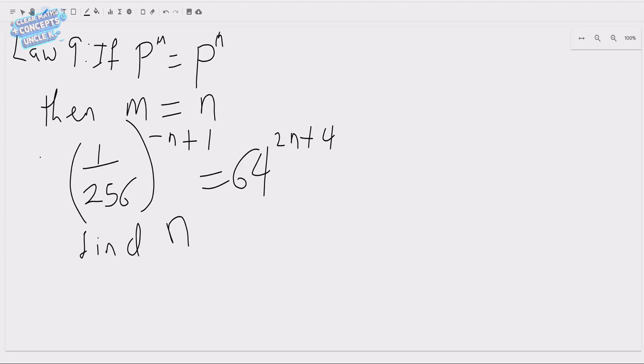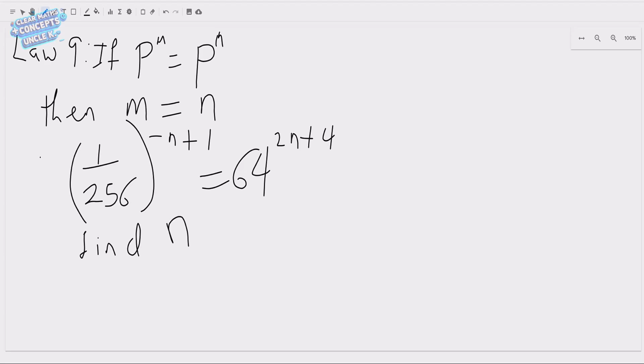You get 2 raised to some power, I think 2 raised to the power 8. Then 64 will give you 2 raised to the power 6. Just keep dividing by 2 until you get 1. So that will be 2 in 8 places, which is 2 raised to the power 8. The same goes for 64.